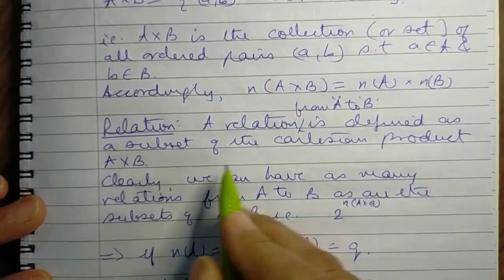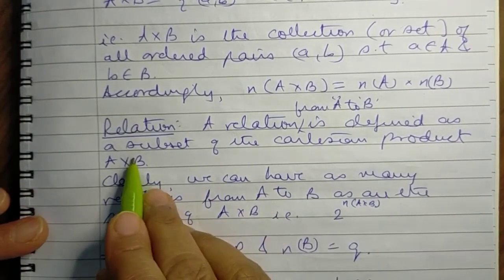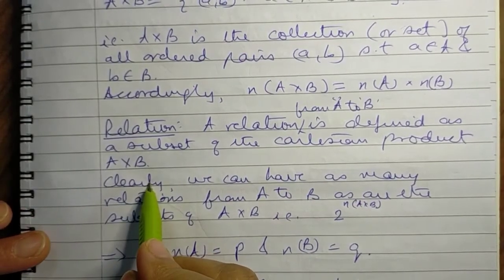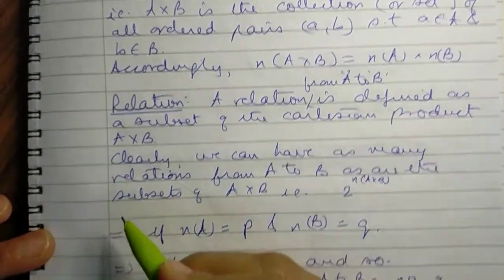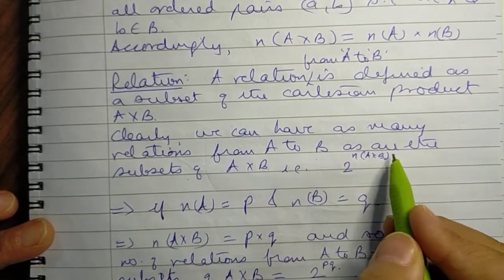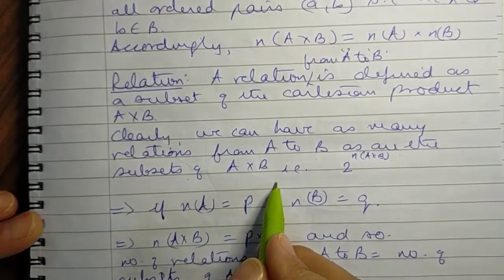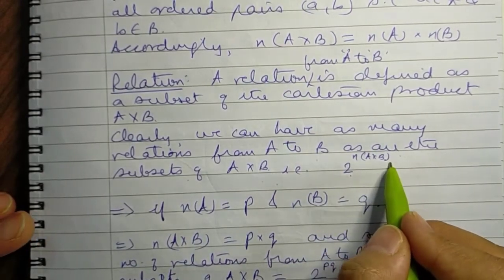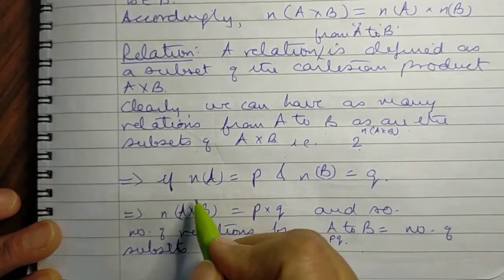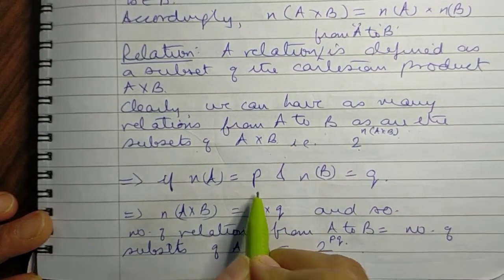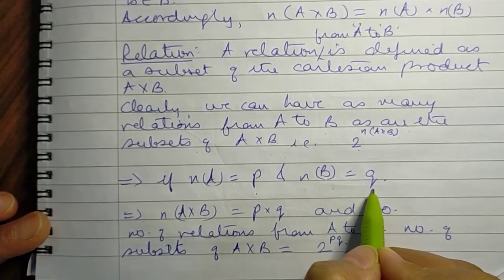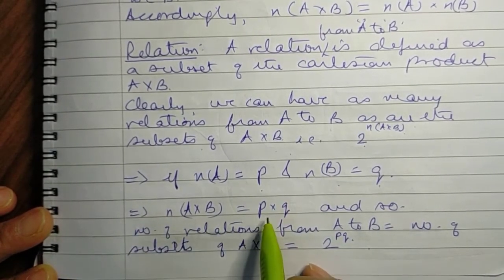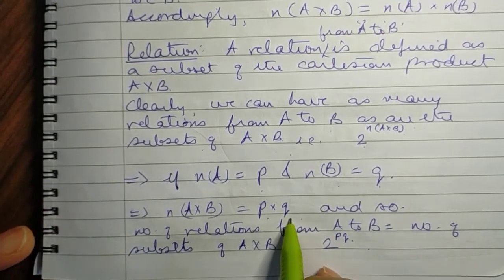Now, a relation from A to B is defined as a subset of the Cartesian product A cross B. So clearly, we can have as many relations from A to B as are the subsets of A cross B. That is 2 raised to the power of the number of elements in A cross B. So, if the number of elements in A is p and the number of elements in B is q, then the number of elements in the Cartesian product A cross B would be p cross q or p into q.